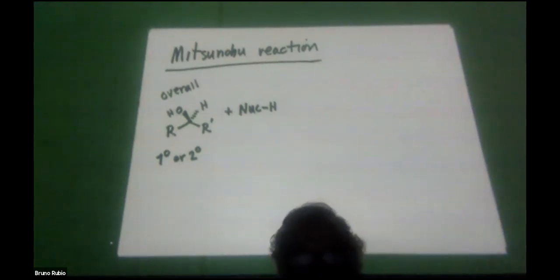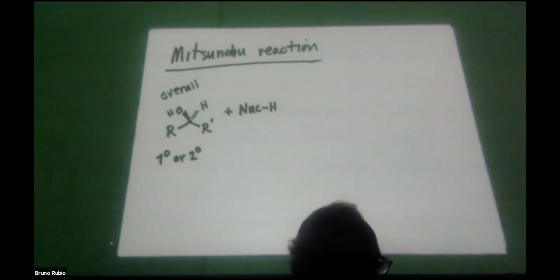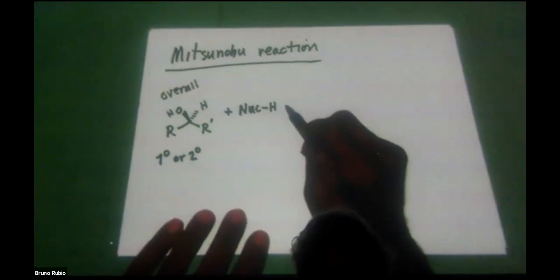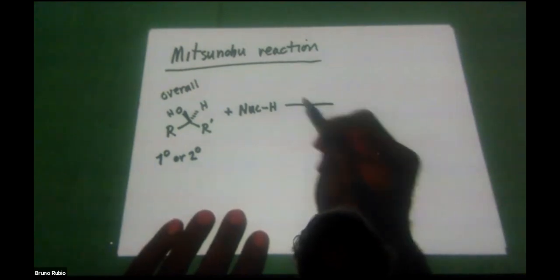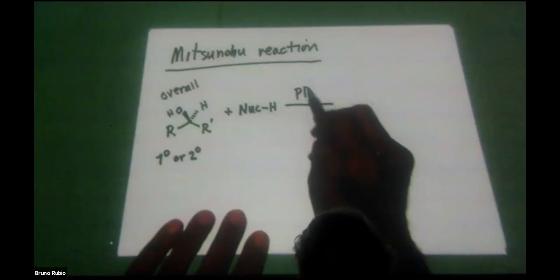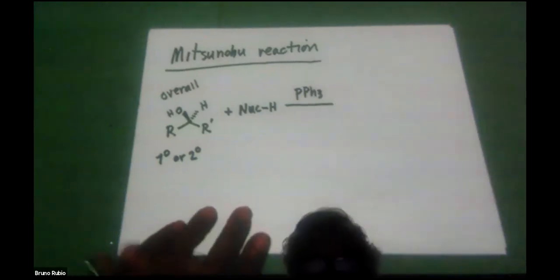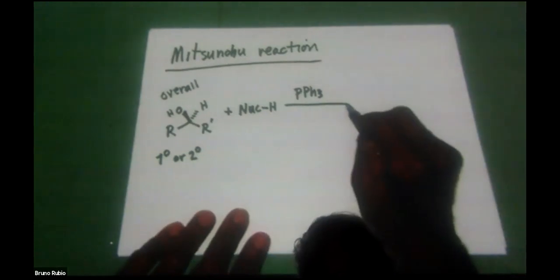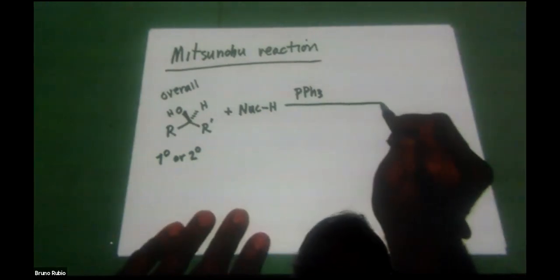And what would be some concrete examples? I'll give you that in a second. All right, and then we have triphenylphosphine, PPh3, and then I'm going to have to draw a big, huge arrow here.